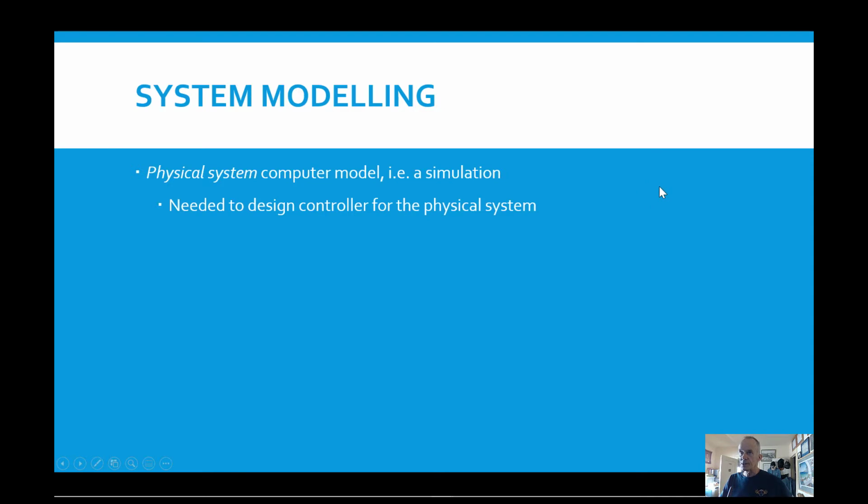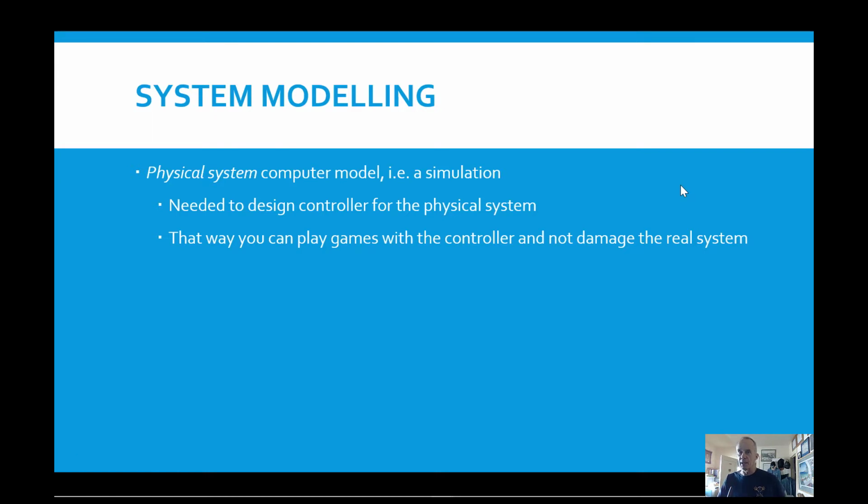You need this in order to design a controller for the system, and the reason is that you can put the controller on the simulated system and test it out and get it to work the way that you want it to work without actually having it initially on the real system.